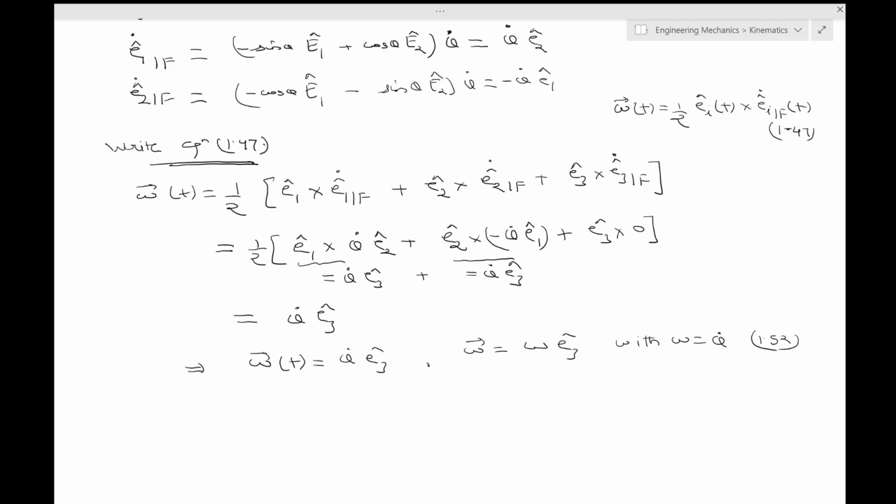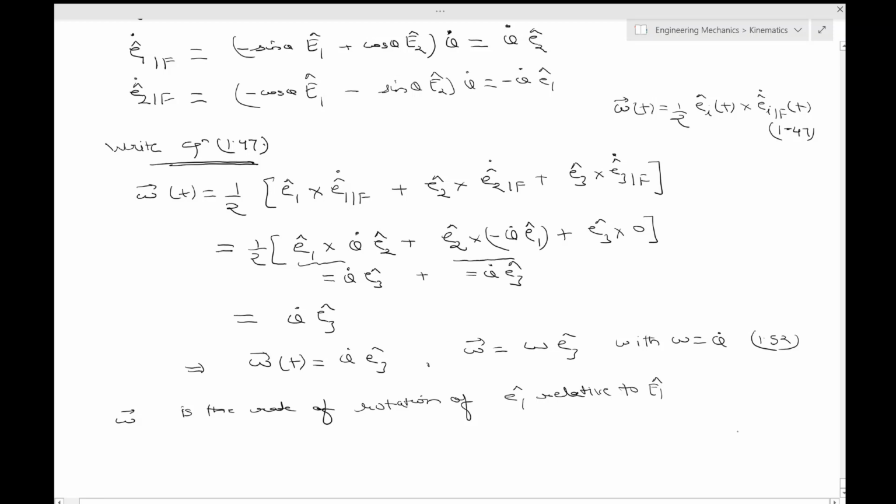Okay, so you want to physically write what omega is, and we have had some discussions about it before. So omega is definitely the rate of rotation of E1 relative to E1.